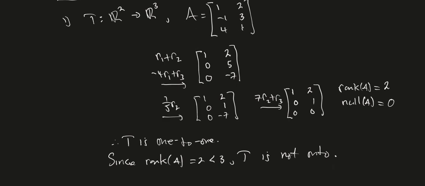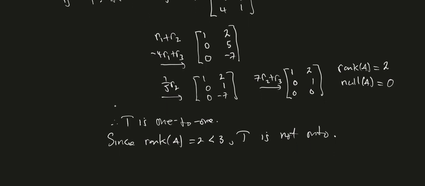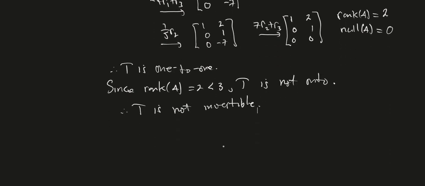Well, we know that this matrix can't have an inverse because it's not a square matrix, but this tells us specifically why. It's because this transformation going from R2 to R3 is not onto. So therefore, T is not onto and therefore not invertible. So T is not invertible.